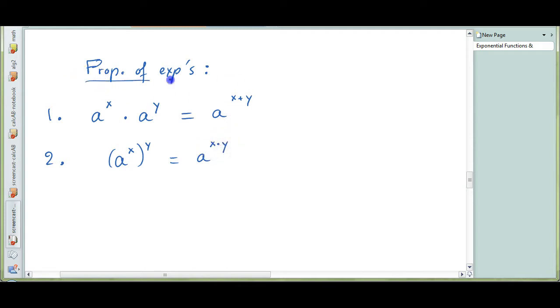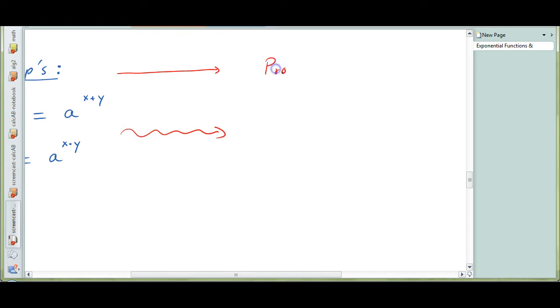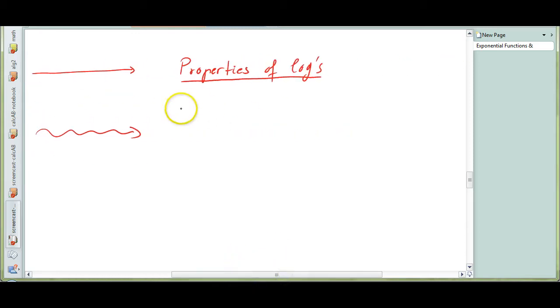Well, listen, because logs come from exponentials, you know they're the inverse of exponentials, something is going to happen to these properties in the switch between exponential and log, and I will have some properties of logs. So let's cover what happens to these two, and then I'm going to give you two more which are very common, derived from the first two.